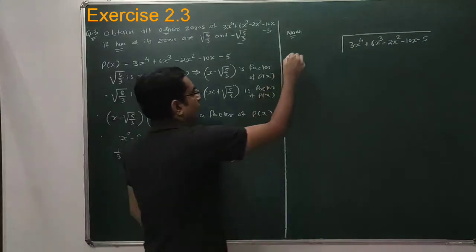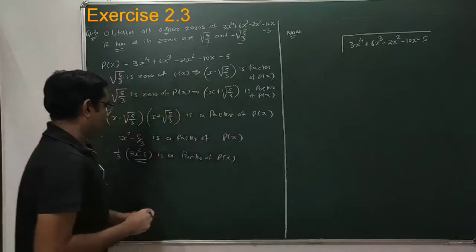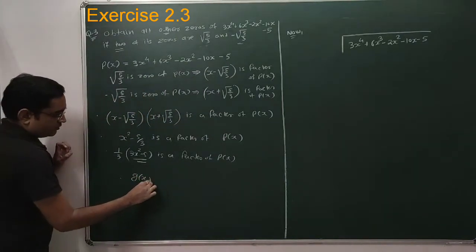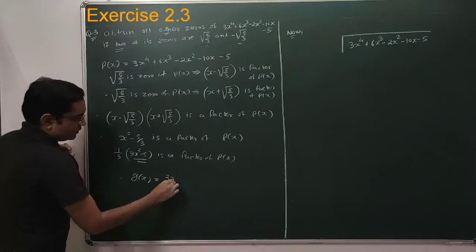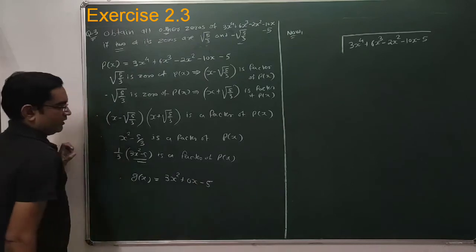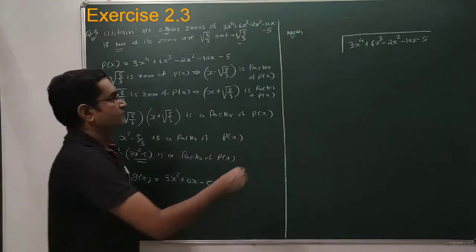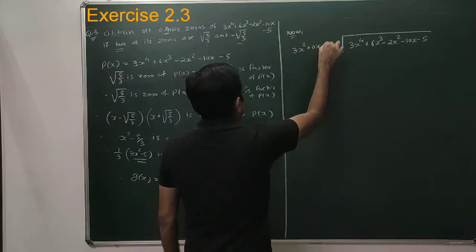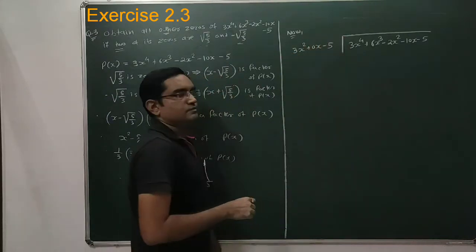But this is not in standard form, so you have to write this divisor polynomial in standard form as 3x square plus 0x minus 5.